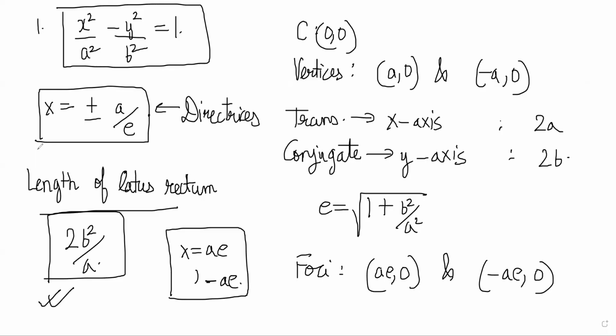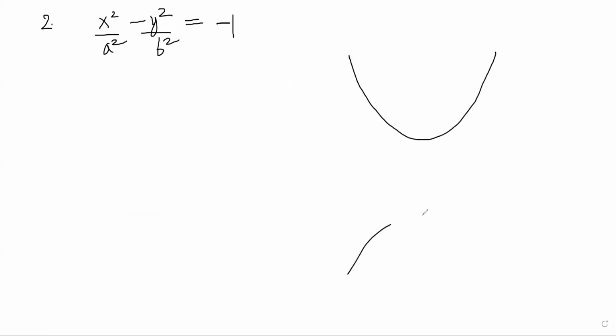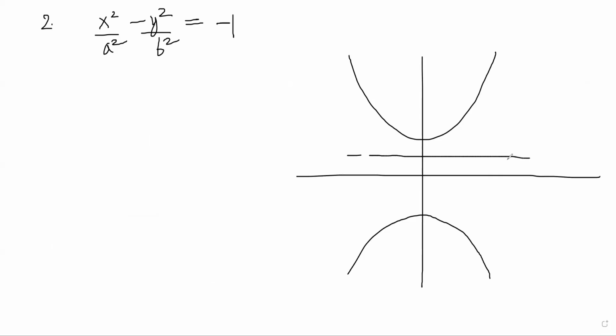So this is all the information that we know for the standard hyperbola. Now, if I have the conjugate hyperbola, which is x squared by a square minus y squared by b square is equal to -1, in this case the graph looks like this. This is my graph.